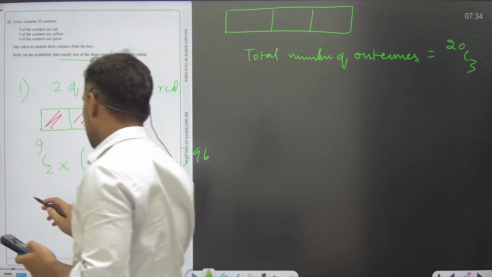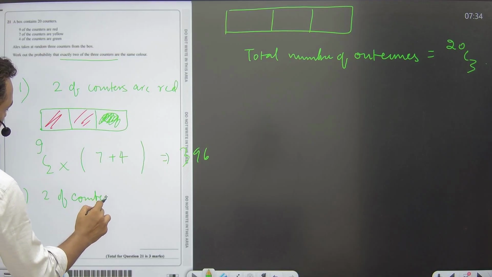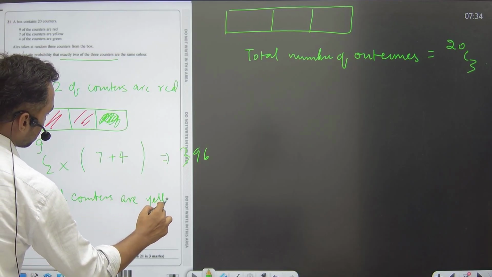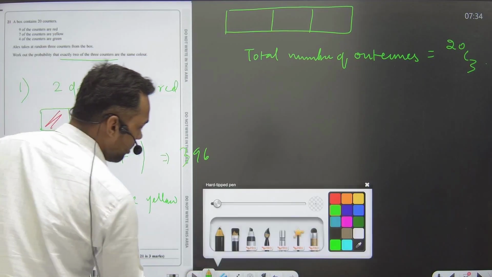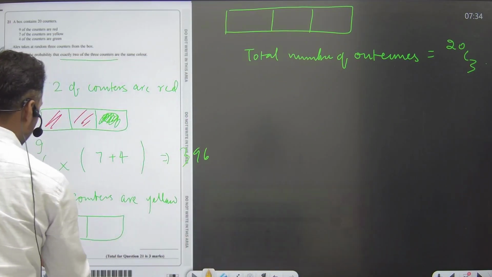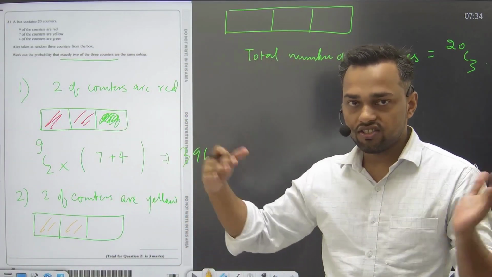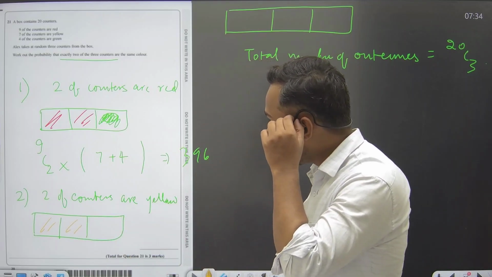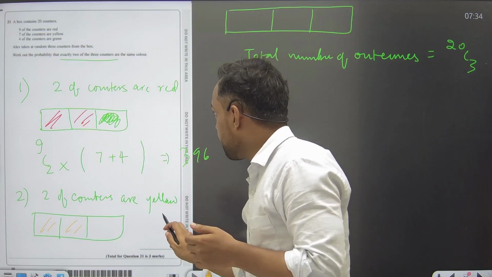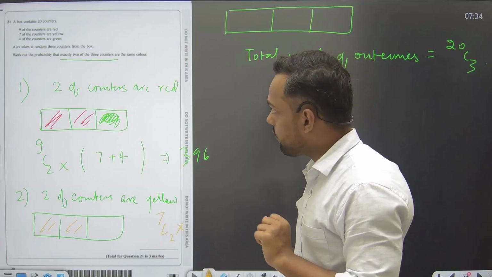Similarly, now for the second one, yellow. 2 of the counters are yellow. Again I will draw this diagram. Any 2 should be yellow: it could be the first 2, the last 2, or the first and second. How to fill these 2 counters with yellow? You can calculate it by 7C2, because we are choosing 2 counters from 7 yellow counters.